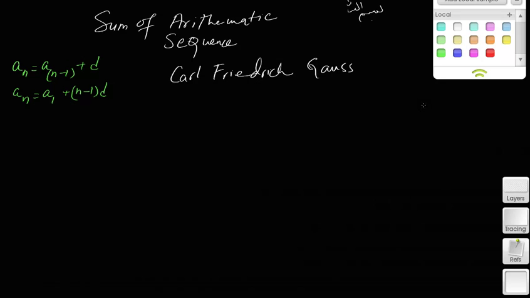Now, if you recall, there was a gentleman named Carl Friedrich Gauss. We talked about him before, I think. Carl Friedrich Gauss is known as the Prince of Mathematics. He's a great mathematical genius. And presumably, when he was 7 or so, his teacher, just to keep the kids occupied in class, told all the students to add all the numbers from 1 to 100.